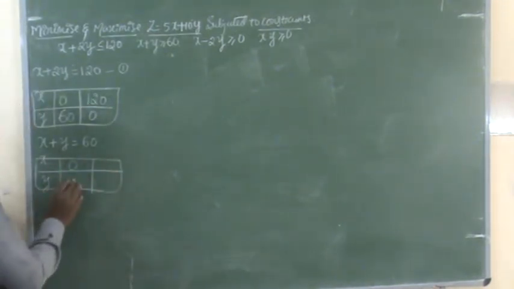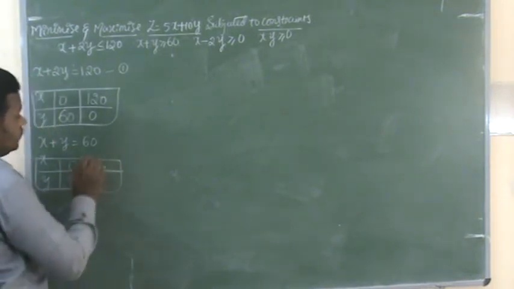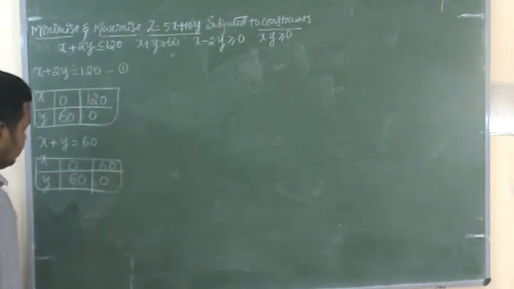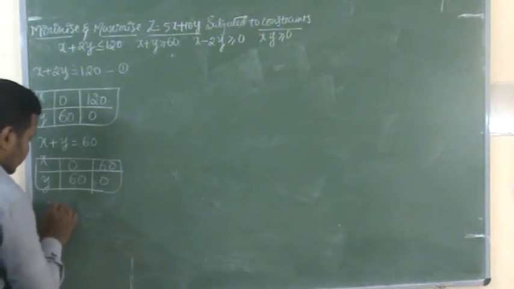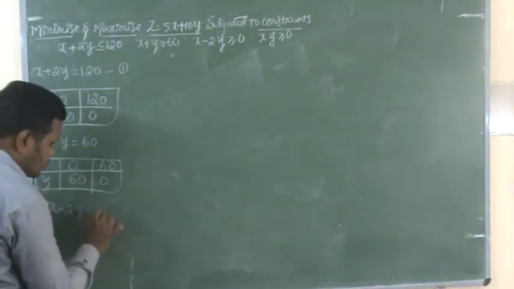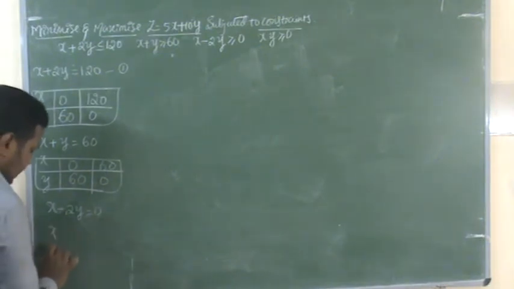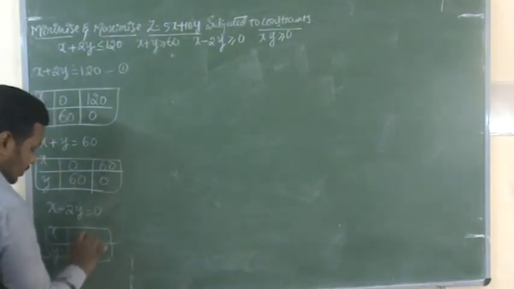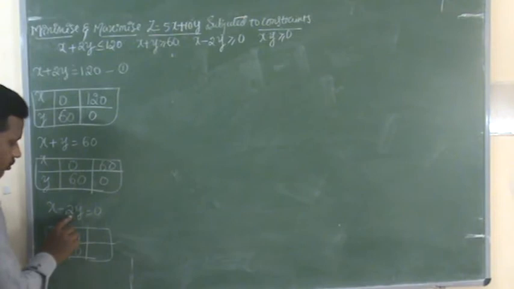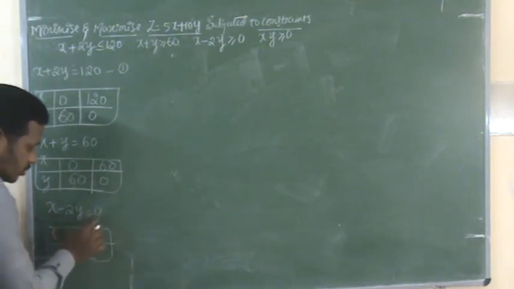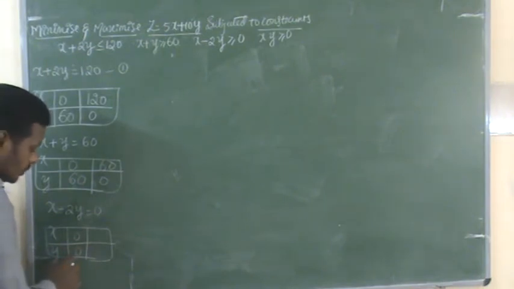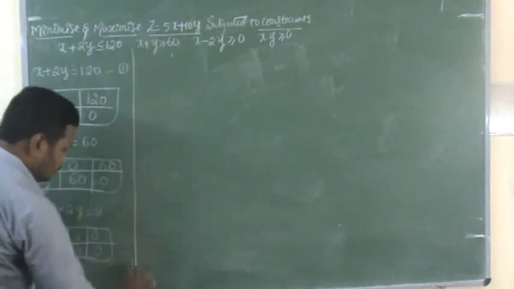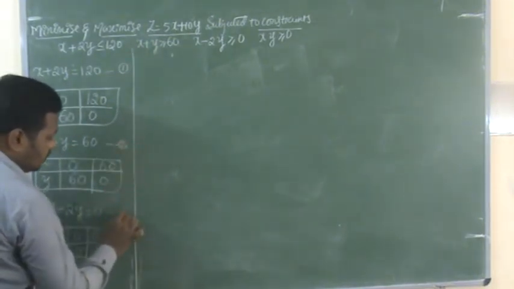For this, when x is equal to 0, y value is 60, and when y is equal to 0, x value is 60. Next, for the third equation, x minus 2y is equal to 0. When x is equal to 0, 2y is equal to 0, so y is 0 by 2, that is 0. Similarly, when y is equal to 0, x value is 0. This is equation number 2 and this is equation number 3.